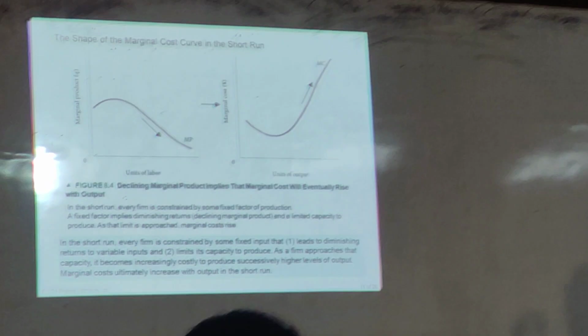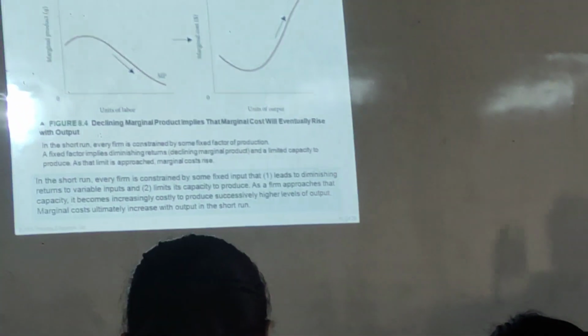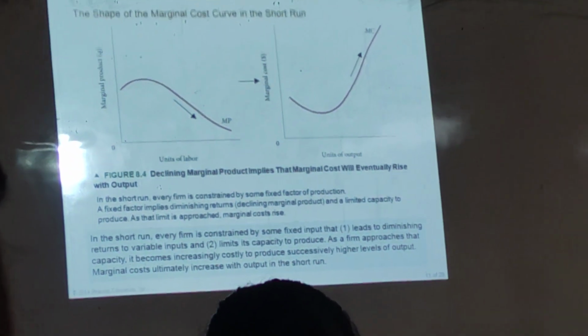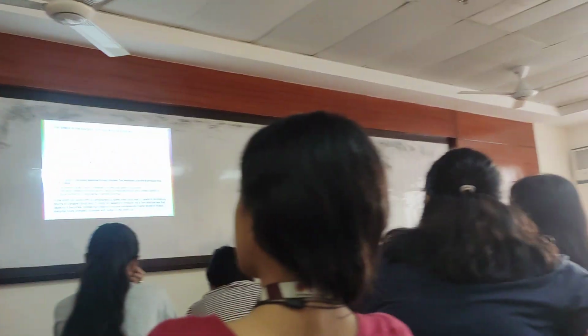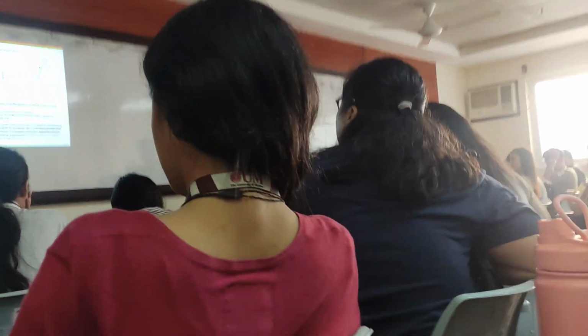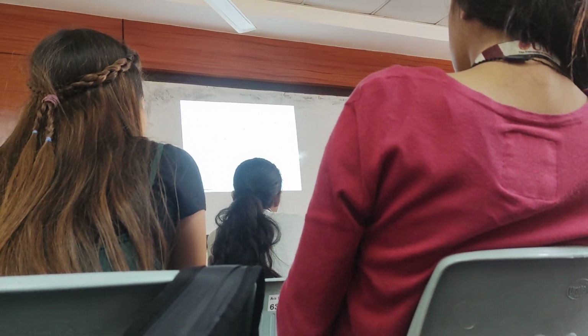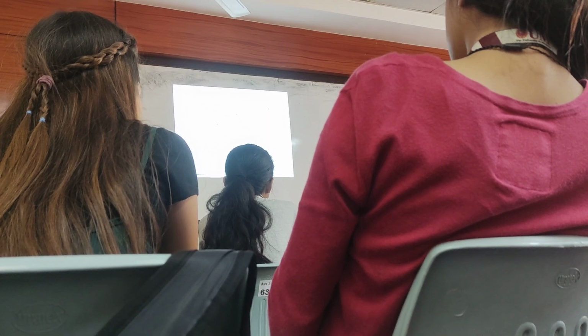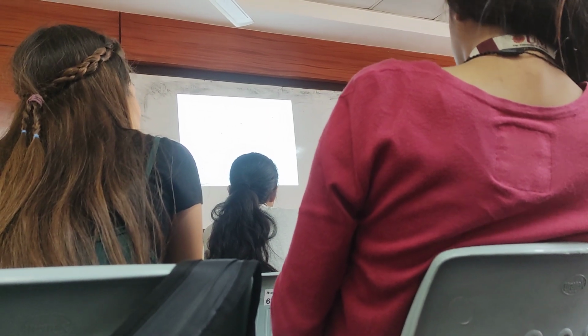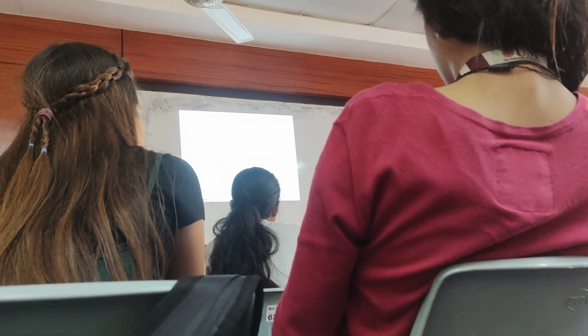Since you add a worker, that means the additional worker will also add a product, correct? If they add a product, that also means they incur additional costs. Okay? Are we good? That is what is showing.